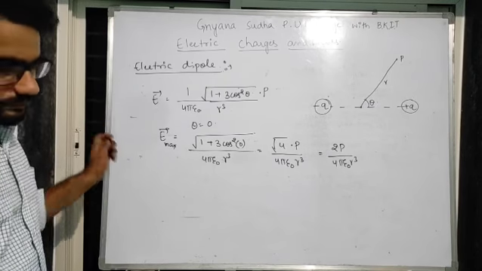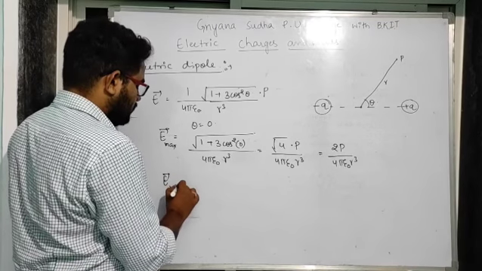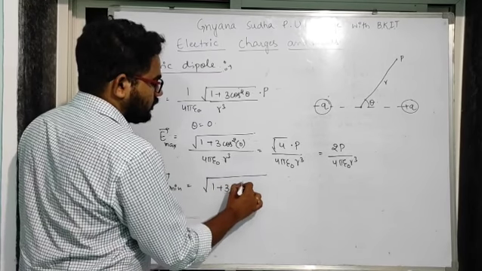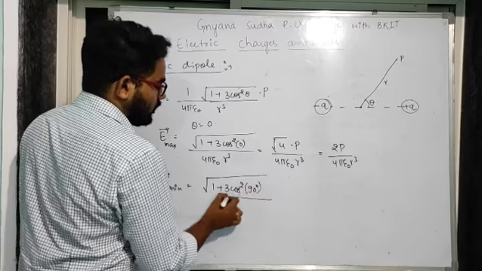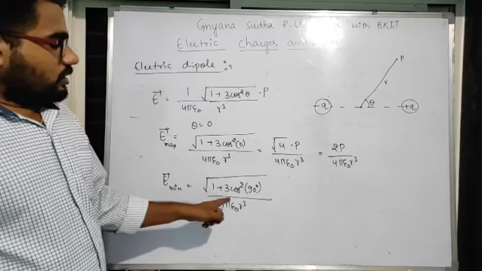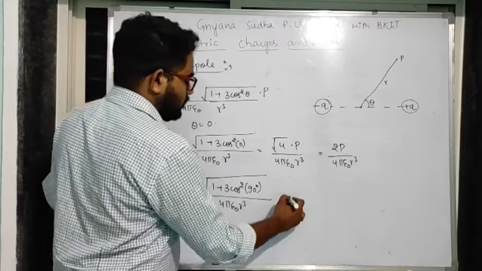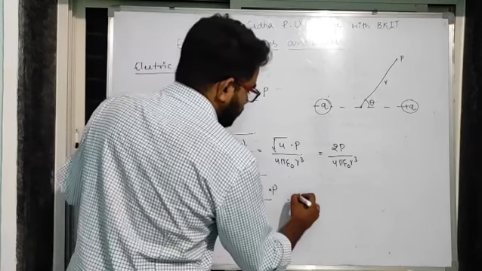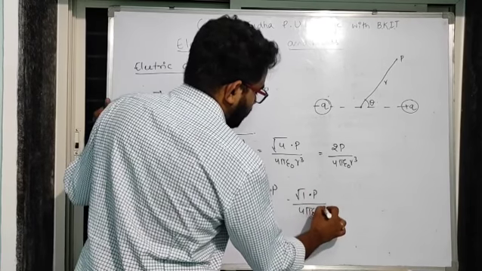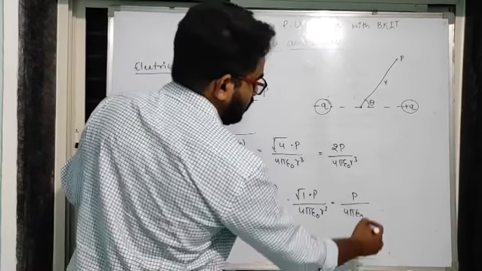That will be our formula for maximum. Minimum will be under root 1 plus 3 cos square 90 degree divided by 4 pi epsilon naught r cube. Cos 90 is 0, so that will be under root 1 into p divided by 4 pi epsilon naught r cube, that is p by 4 pi epsilon naught r cube.